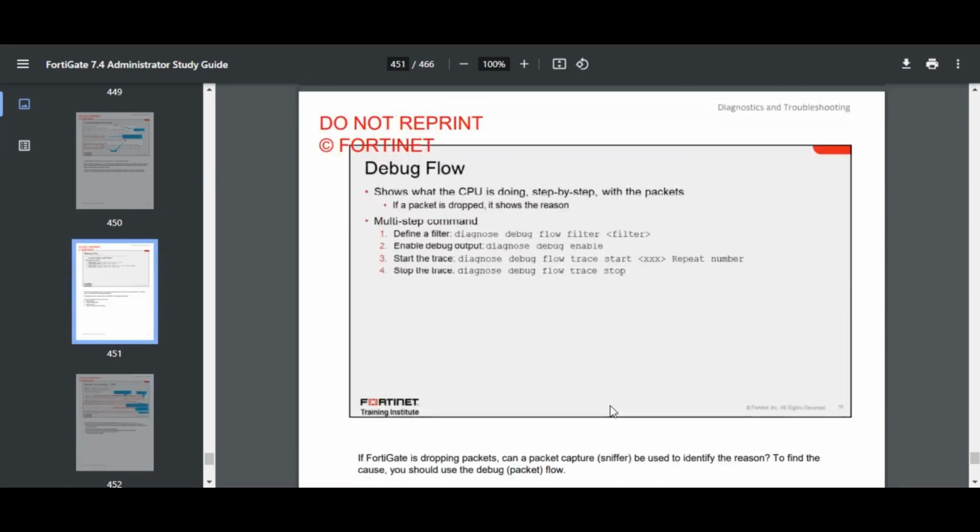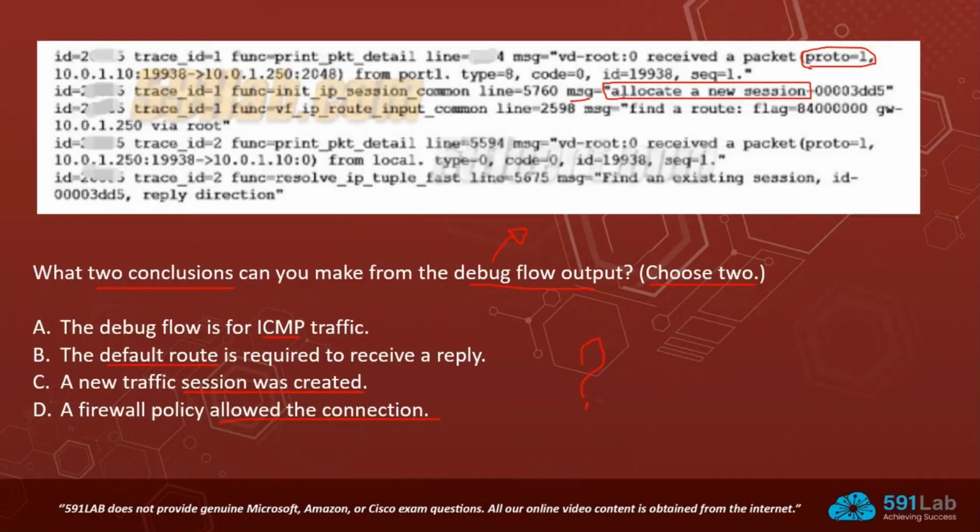Let's go back to the question and find out the correct answers. First answer: the debug flow is for ICMP traffic. Yes, this is correct because protocol equals 1, which means ICMP traffic. Answer B, the default route is required to receive a reply. No, this one is incorrect. Answer C, a new traffic session was created.